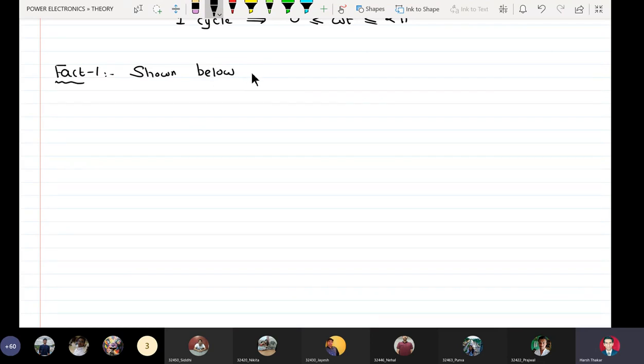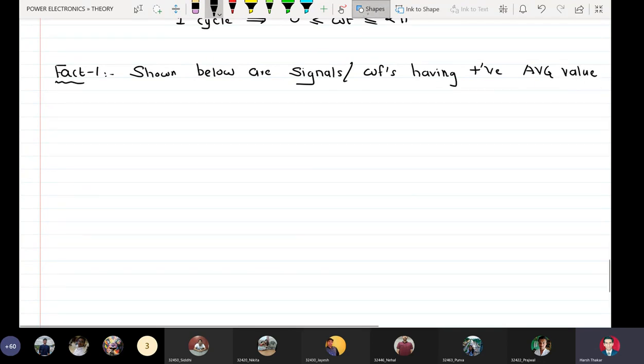Shown below are signals or waveforms having positive average value.